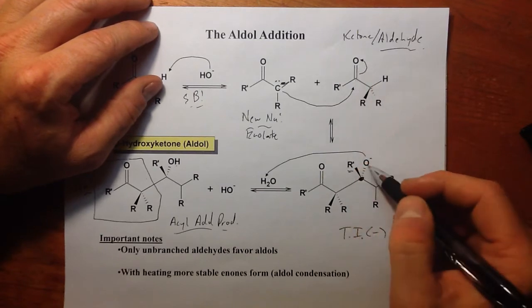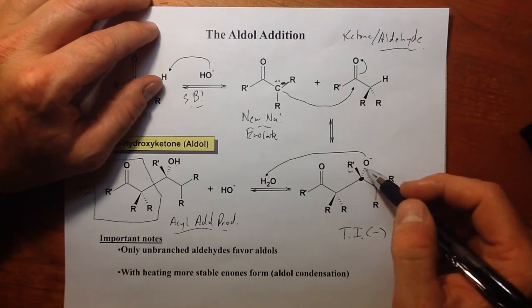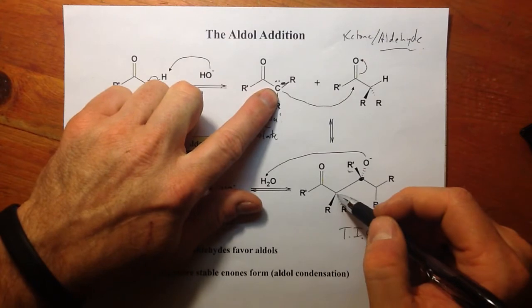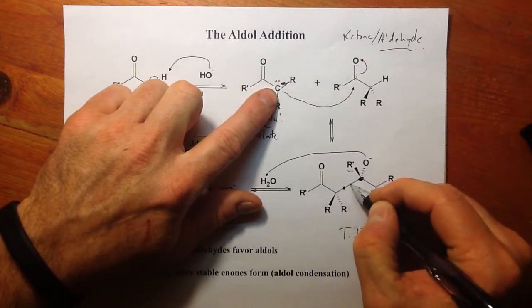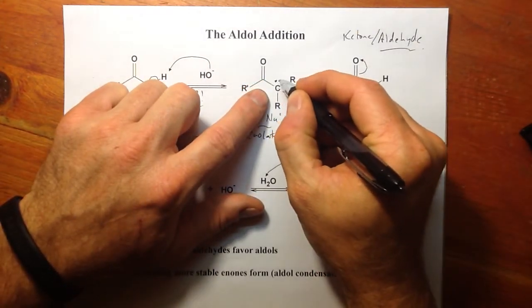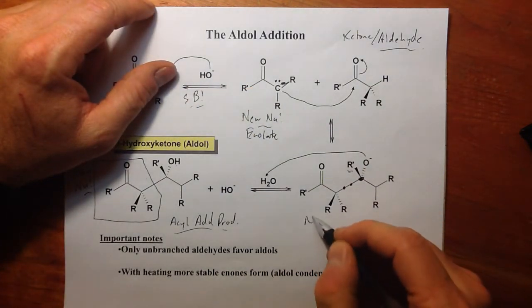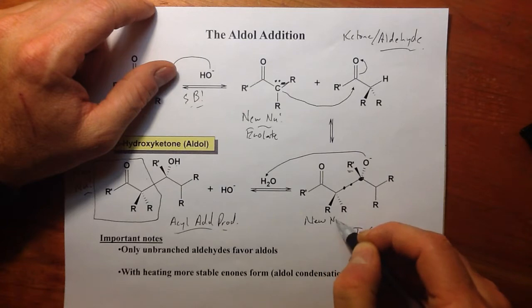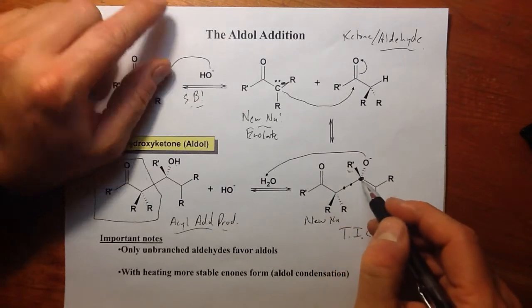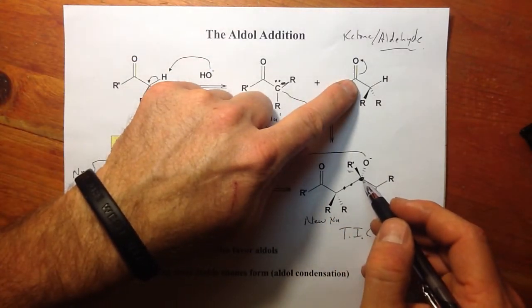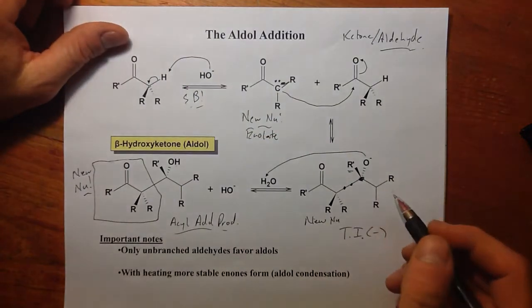The O here has to have a negative charge. And the carbon here no longer has a negative charge because the 2 electrons that were right here are now buried in a sigma bond. We've bonded the new nucleophile to the carbonyl carbon. And we've made the tetrahedral intermediate.